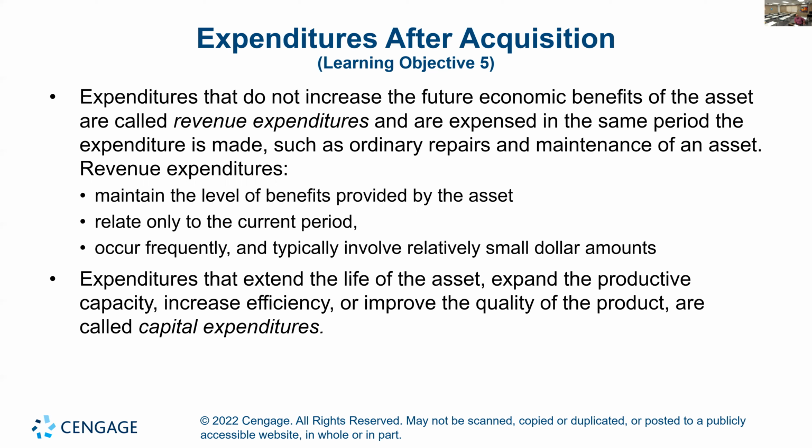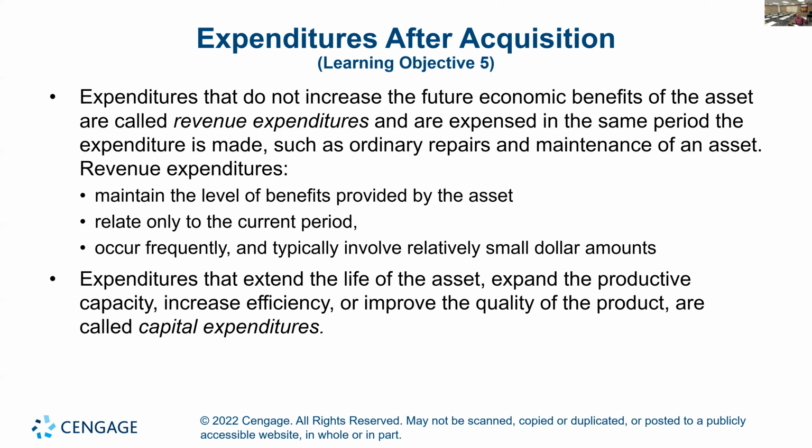That's a revenue expenditure. However, sometimes when you do work to it, maybe you're extending the useful life, or you're making it faster so it can do more production. It becomes more useful. If you're modifying the asset to make it more productive, increase efficiency, or make it last longer, these are called capital expenditures.